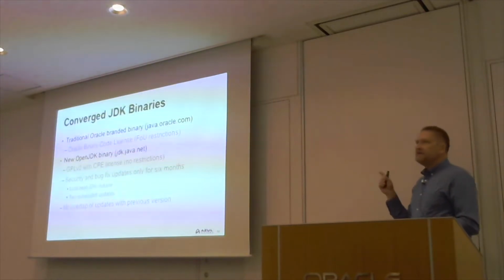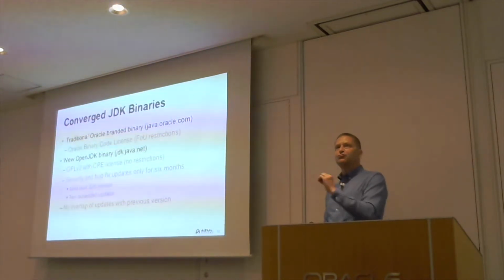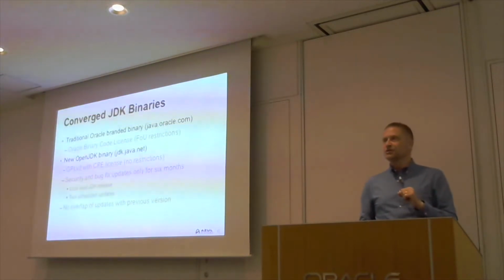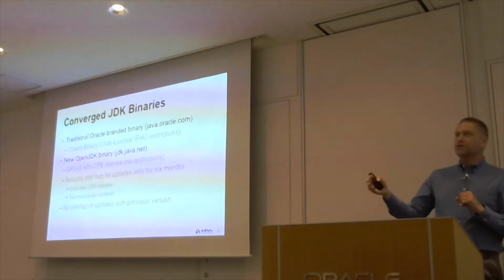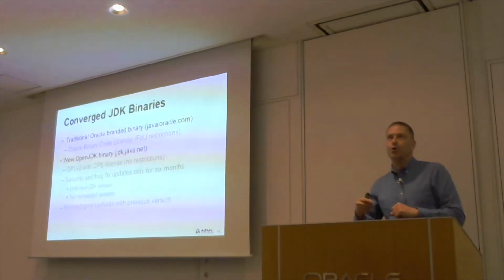The important thing about these binaries is that they will only get updates for 6 months until the next release comes out. So there are 2 scheduled releases between each 6-month release. Once those are done, then the OpenJDK binaries will not get any more updates.